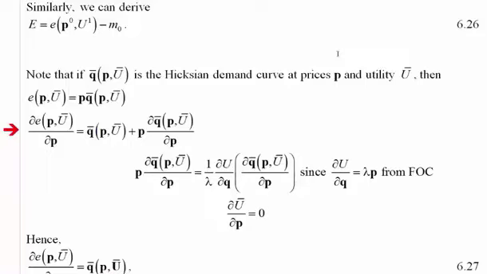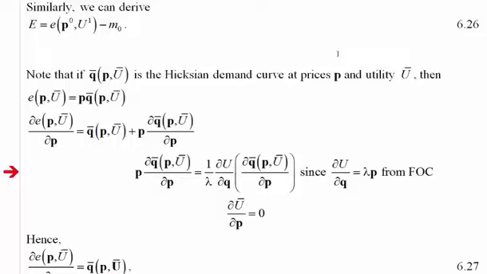But we can look at that second part of that derivative and find that the derivative of Q bar with respect to P is simply equal to 1 over lambda times dU/dQ, where dU/dQ is the derivative of the utility function in the standard utility optimization problem.